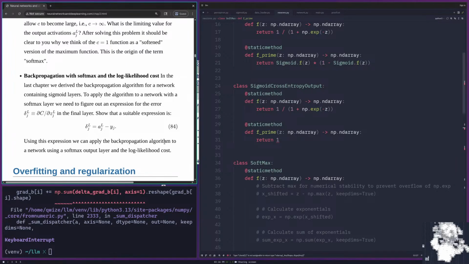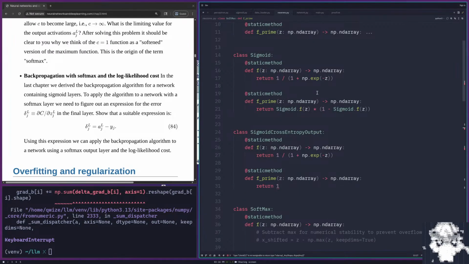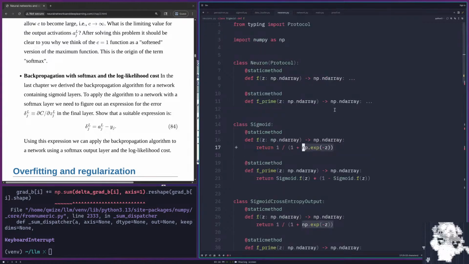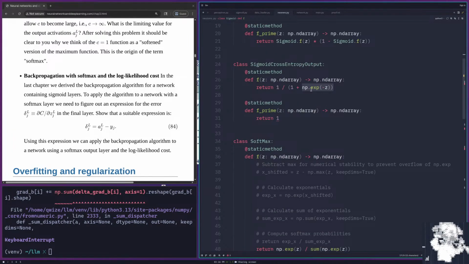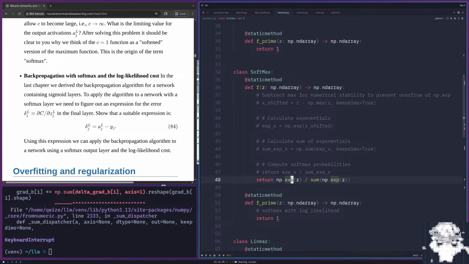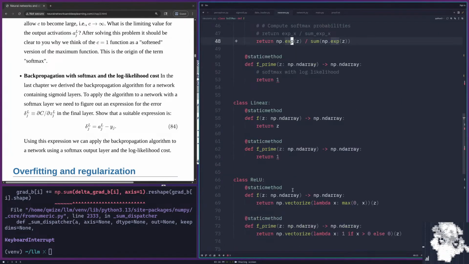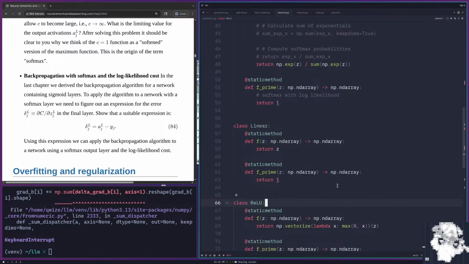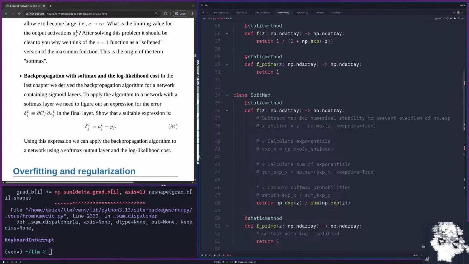The values get out of control and start overflowing when we pass them into functions like e to the negative z. Or not e to the negative z, that's the one thing that's working, but exp for the softmax is having problems, and x itself for the ReLU is having problems. All right, so let's end it there.